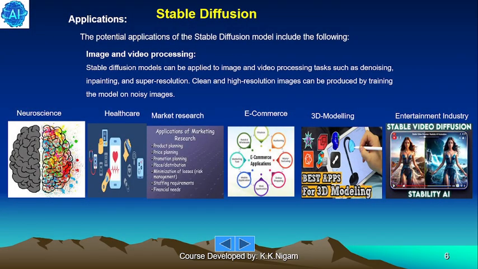Applications. The potential applications of the stable diffusion model include the following. Image and video processing. Stable diffusion models can be applied to image and video processing tasks such as denoising, in-painting, and super resolution. Clean and high resolution images can be produced by training the model on noisy images.